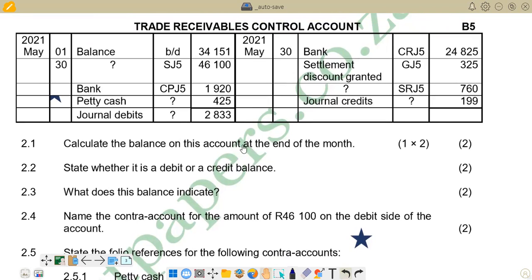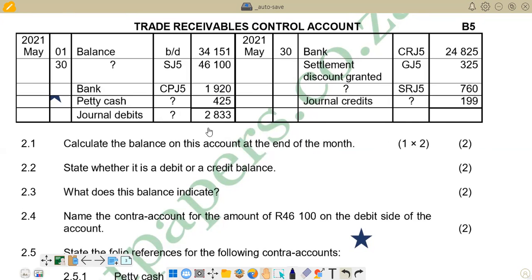Basically, what we are going to do is add the total of the debit, and then add the total of the credit. Then we compare the two, and we make the balance. Remember, the steps are that when you add the total of the debit, you put it there. You add the total of the credit, you put it there. Then the bigger side is going to be in between the double lines below here.